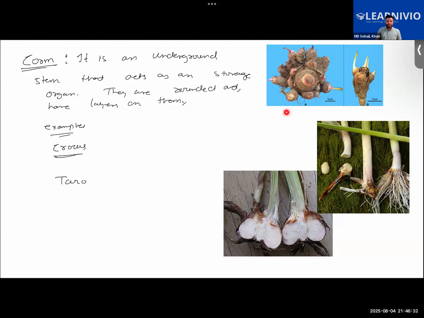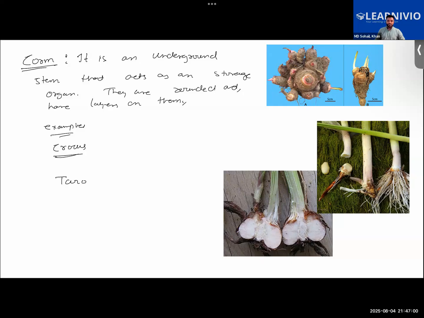I've seen my aunts cutting it out. By the way, corms take a very long period of time to grow. They can take up to a year to fully grow to their size.